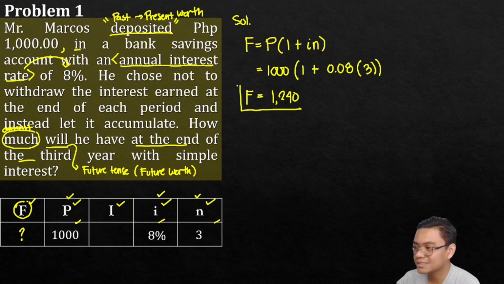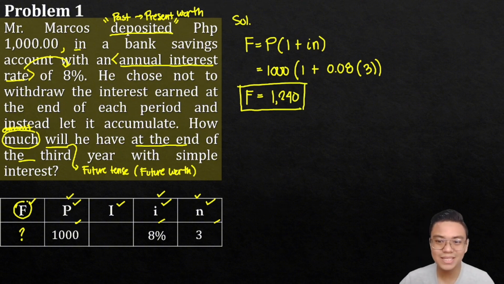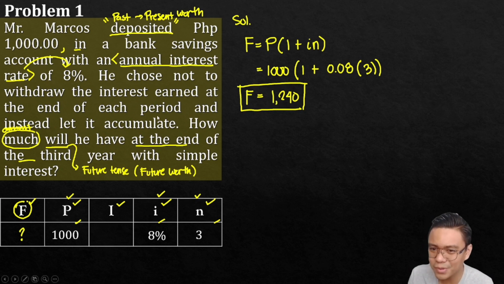And that is the future worth here. Again, what is the takeaway for this problem? You have to understand economics. Its language is future and present. So, it is a must that we know how to recognize the present and the future. It's a very simple problem, but there is a lot to learn from this one.